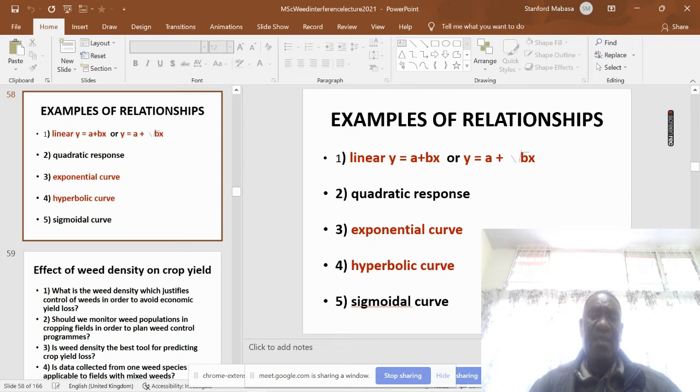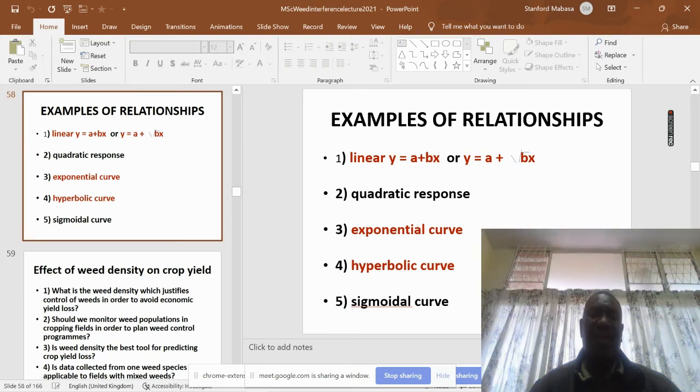In our case, we will mainly focus on 4 and 5, although sometimes 1 is usually reported because of the limited number of treatments. But 4, the hyperbolic curve and the sigmoid curve are the common relationships when you relate weed density to crop yield.